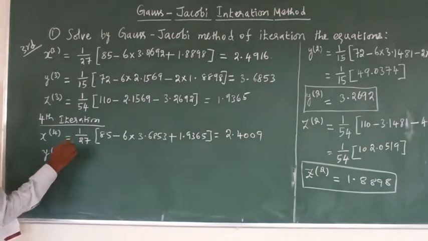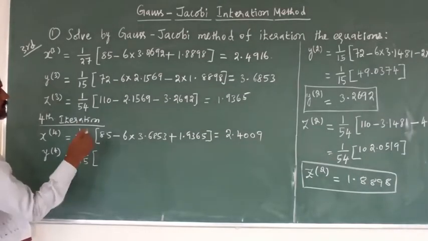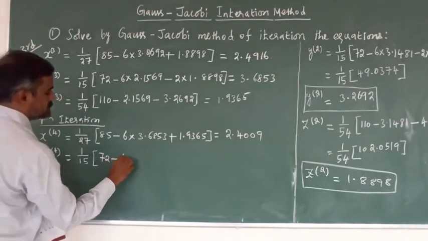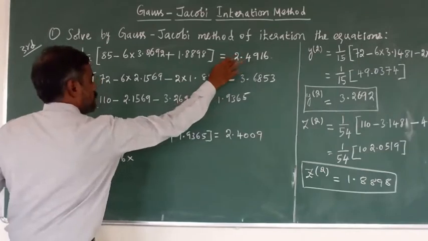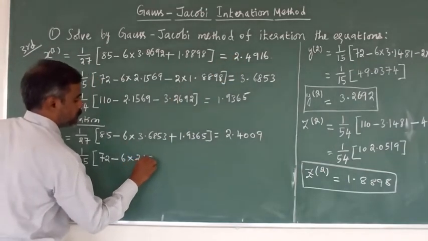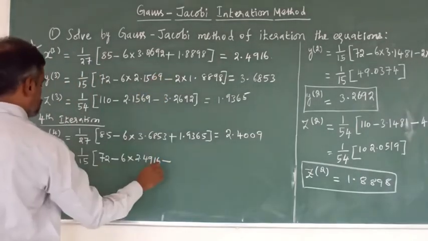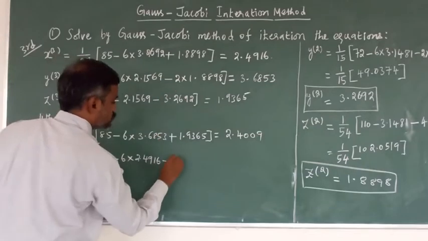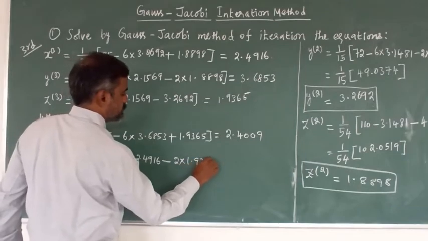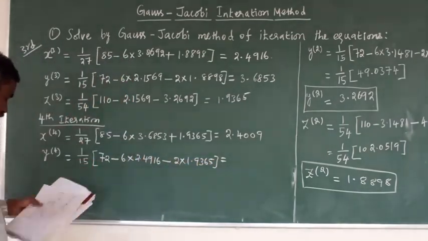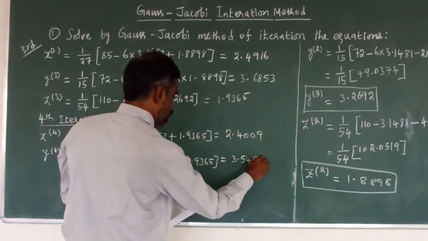Next, y4 = 1/15 (72 - 6 into x value 2.4916, minus 2 into z value 1.9365). Simplifying this, we get the result 3.5452.